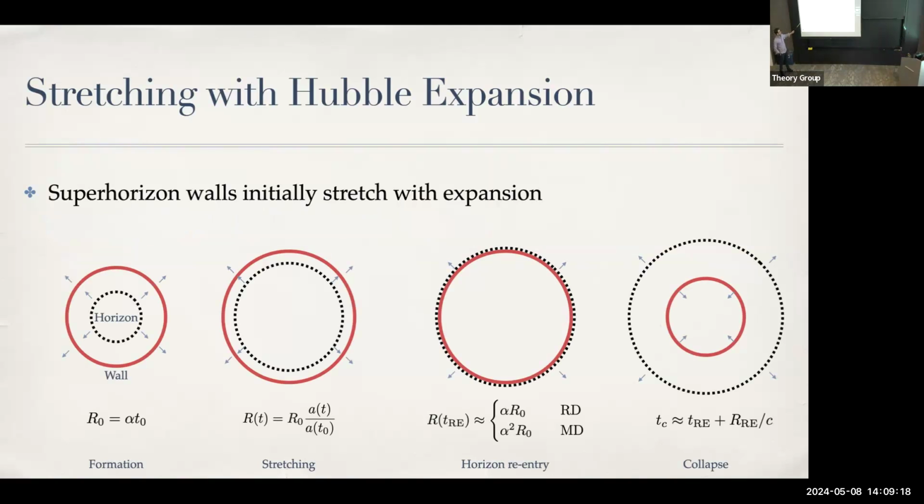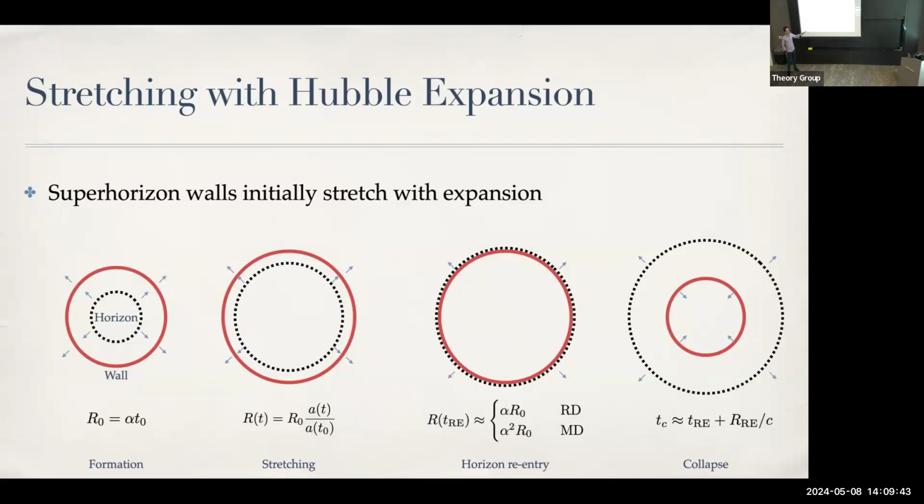Now, because this wall is super horizon, it will get stretched with the expansion of the universe. So this wall will expand with the scale factor a of t compared to the scale factor at formation. Now this scale factor will generally scale as time to the 1/2 or time to the 2/3, depending on whether you're in a radiation or matter dominated era.